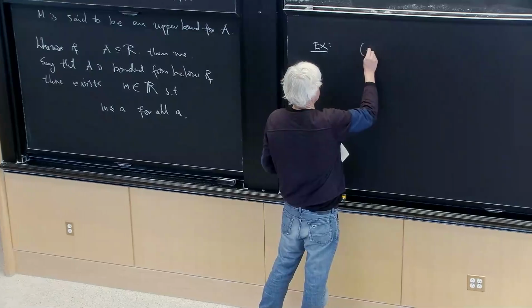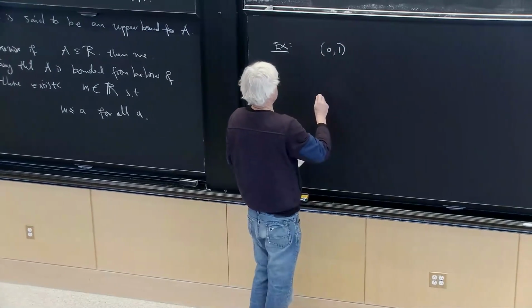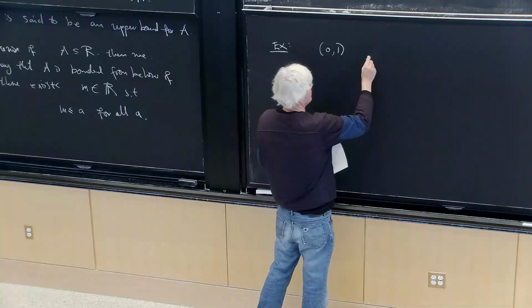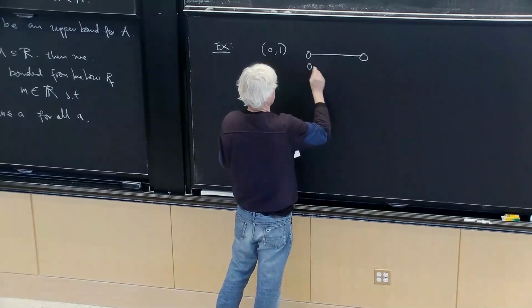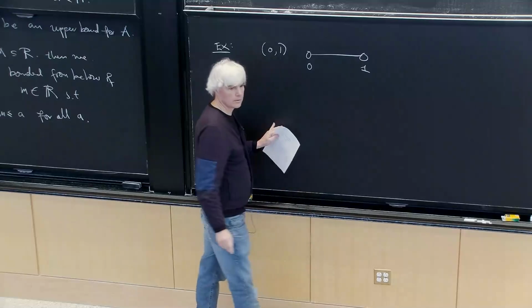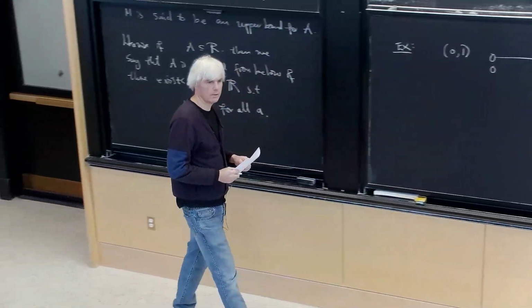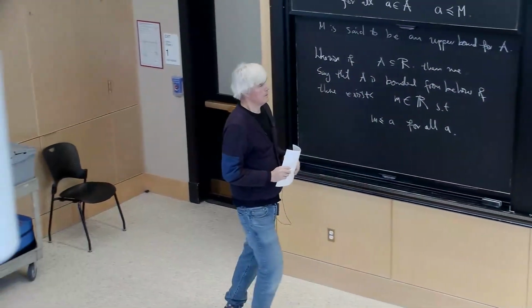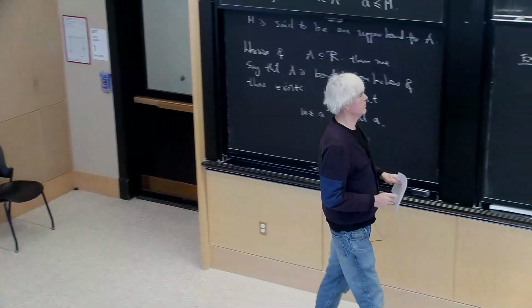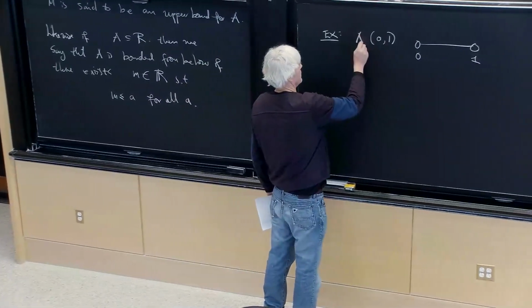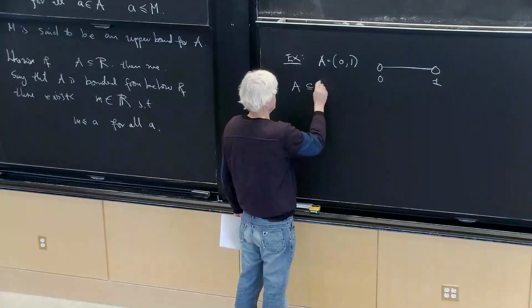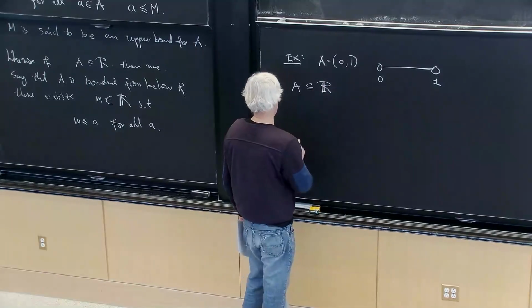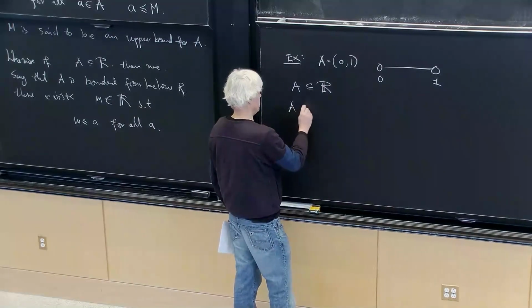If you're looking at the set (0, 1), this is the interval, but it does not contain 0, and it does not contain 1, but it contains everything in between 0 and 1. This one here is bounded. So if this here is A, and we think about A as a subset of R, then A is bounded.